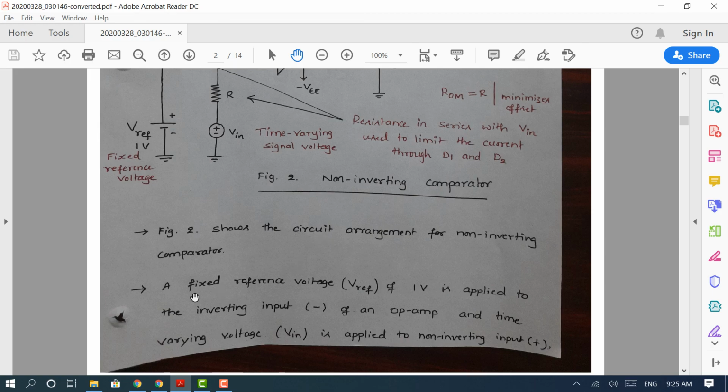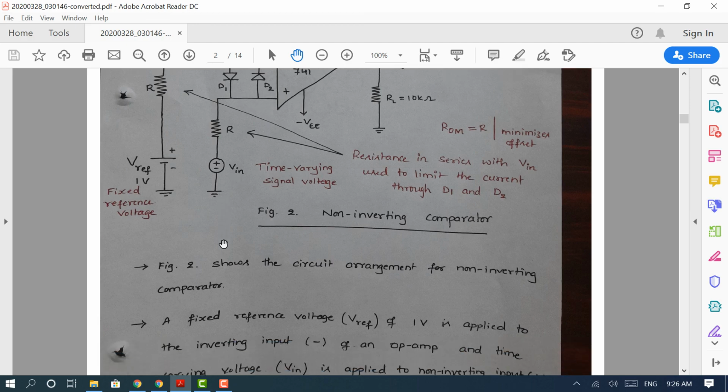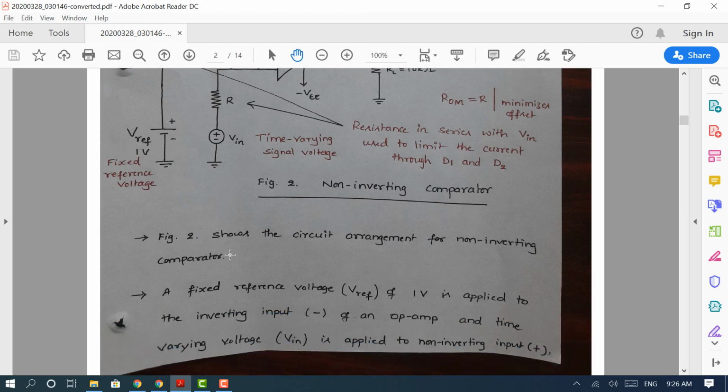Now, I assume a fixed reference voltage of 1 volt, which is applied to the inverting input, the input with the minus sign of an op-amp, and a time-varying input is applied to the non-inverting terminal of the op-amp. This is what you see in the circuit diagram.